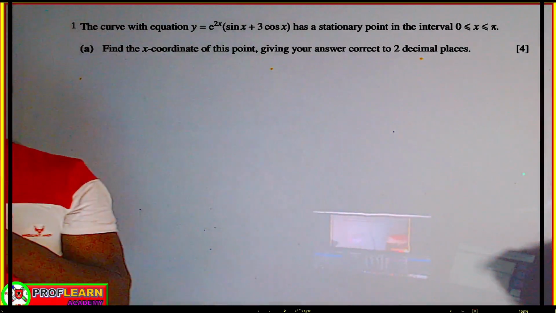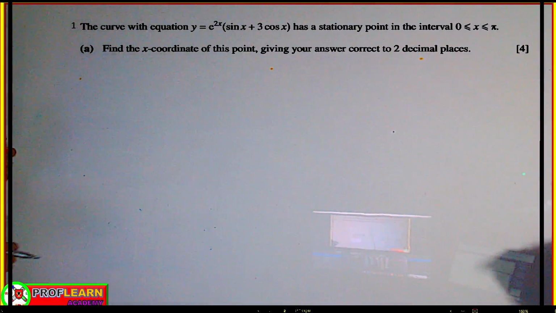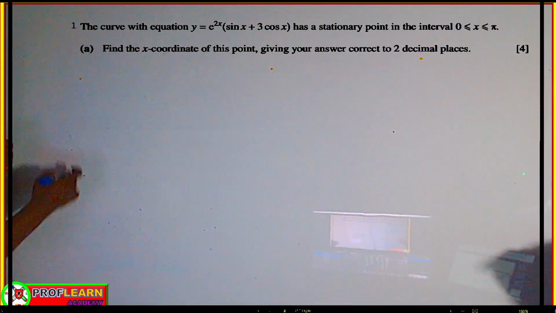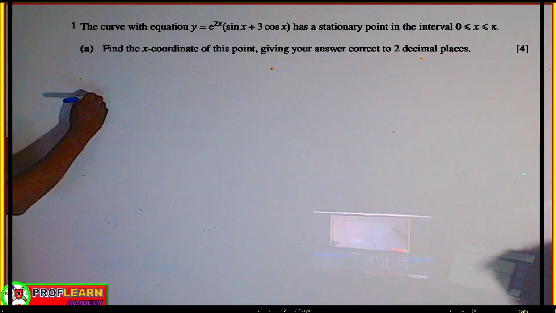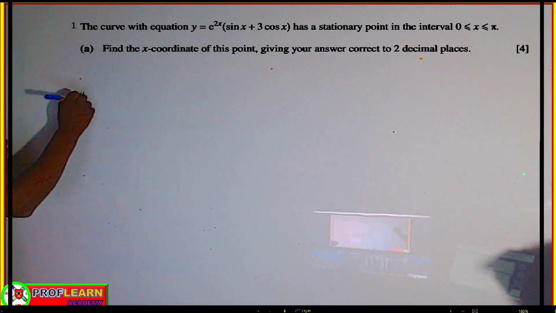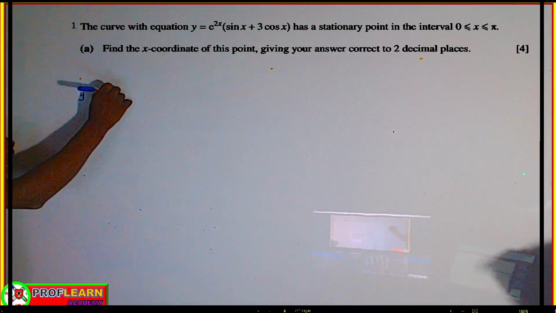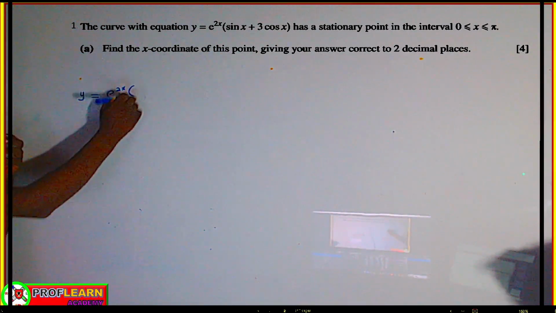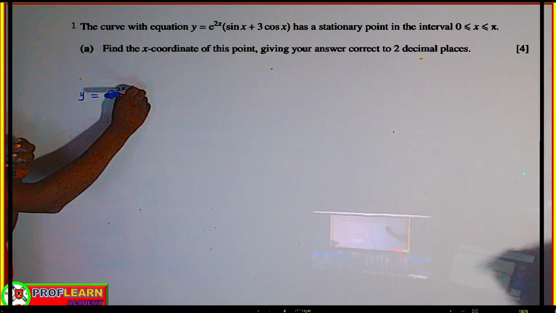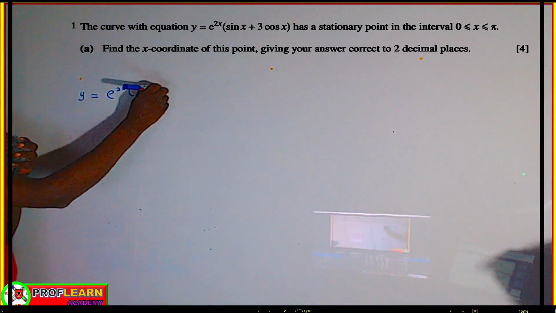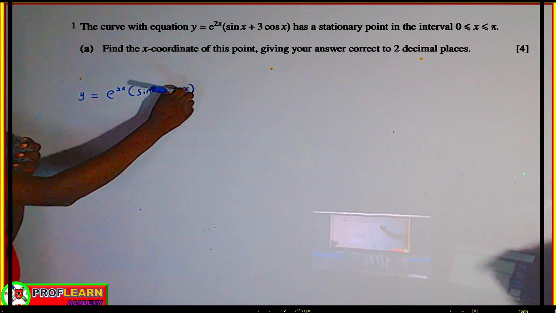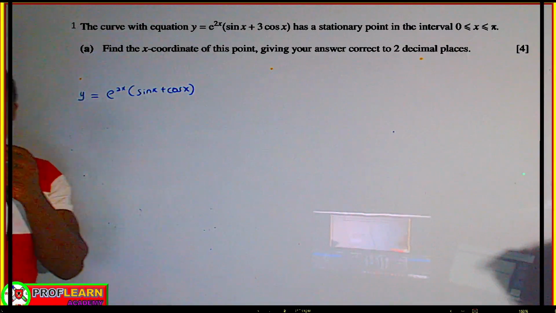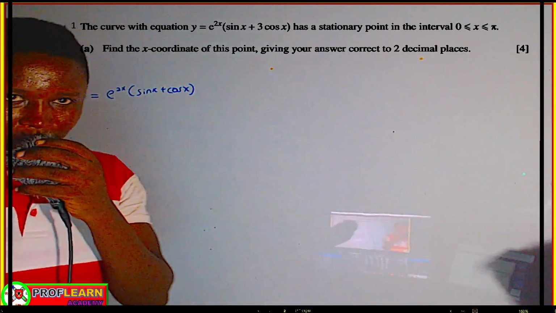I will start by writing the equation the way it was given: y equals e to 2x times (sin x plus 3 cos x). So you ought to decide the technique you can use.